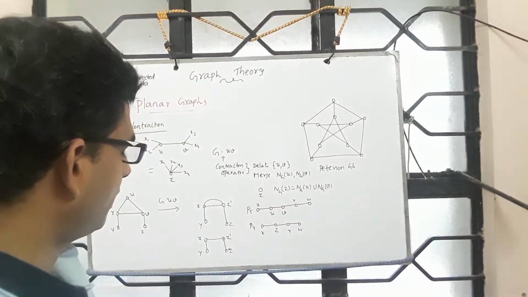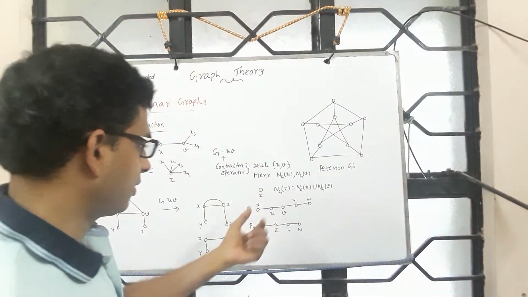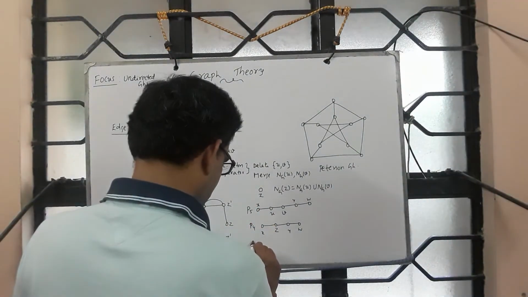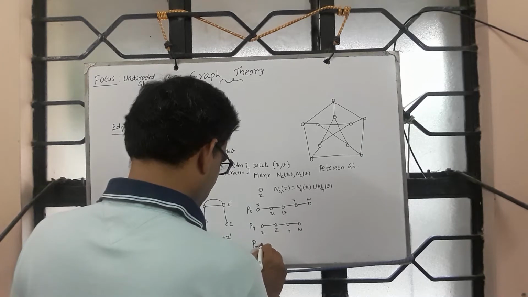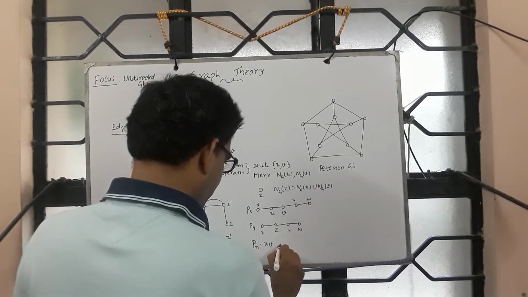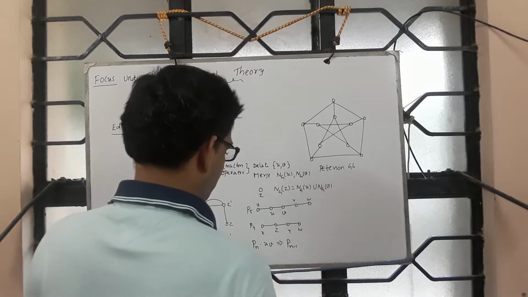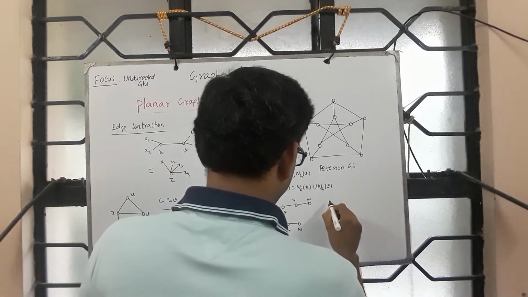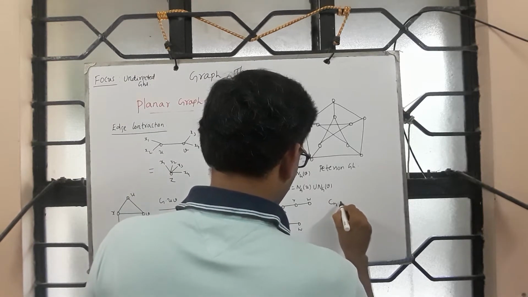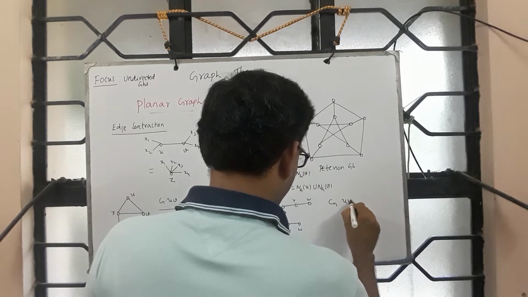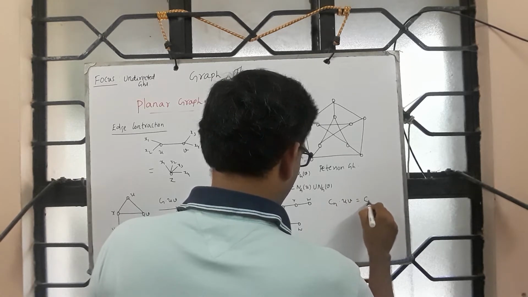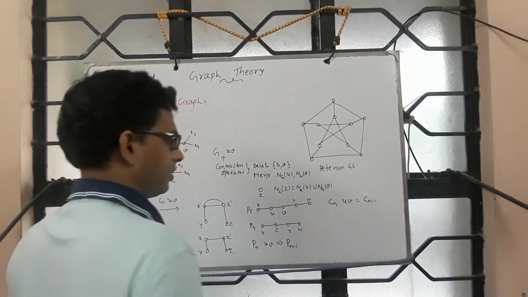So in general, you take Pn and contract this. So Pn dot UV, what is the resultant? You get Pn minus 1. Similarly, take Cn and contract any one edge, you get Cn minus 1.